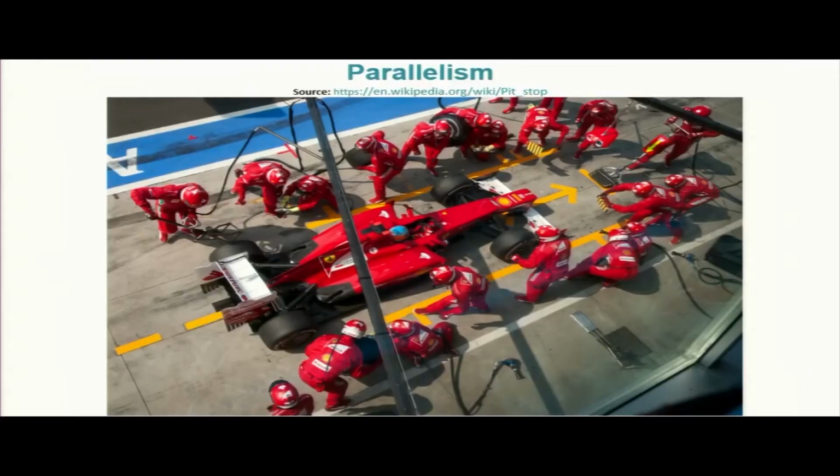So this is a good example of parallelism. It's about a Formula One race in which the race car, after a few laps, requires changing of tires, some wing reassembly or some repairs and all. That time is also counted in their lap time. So it has to be done very quickly so that the car can have better total race time.